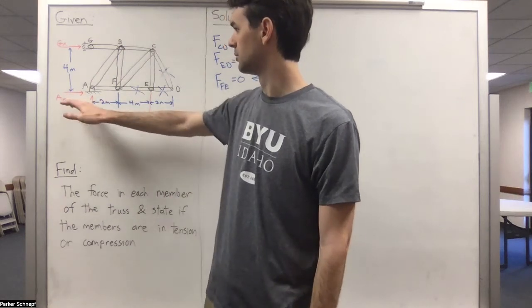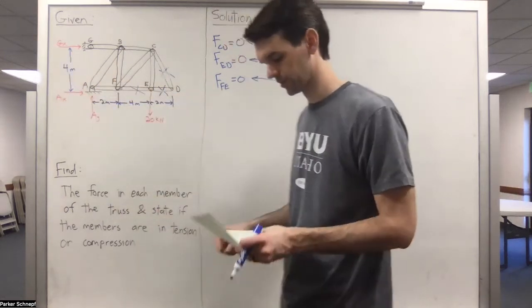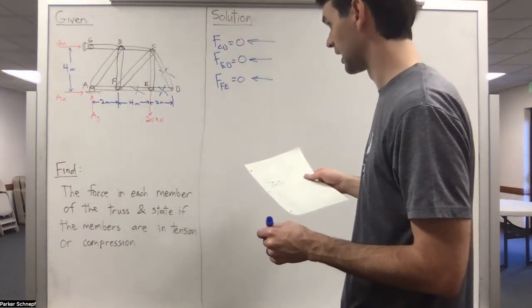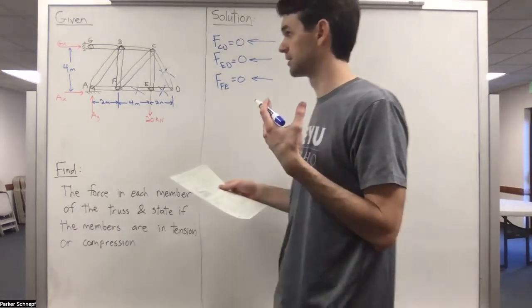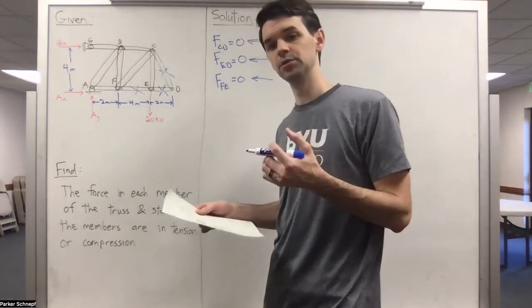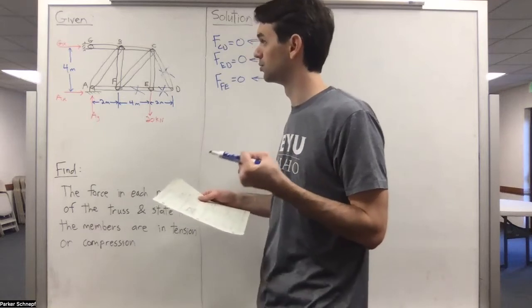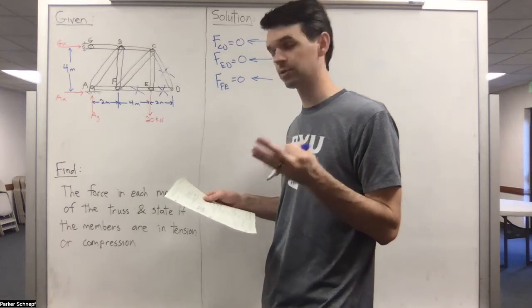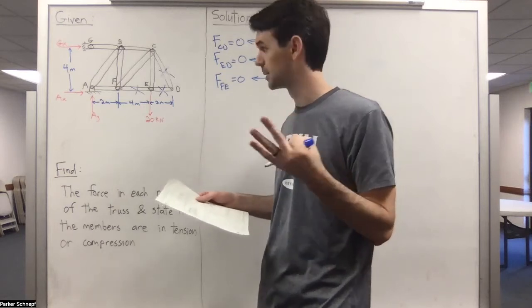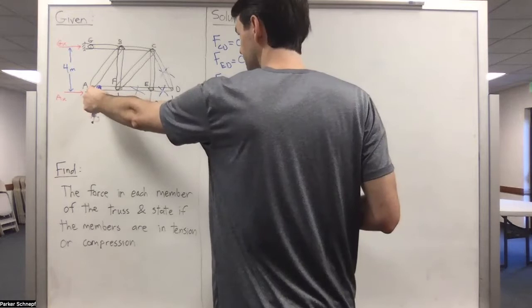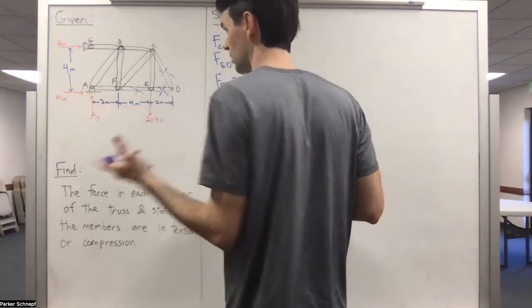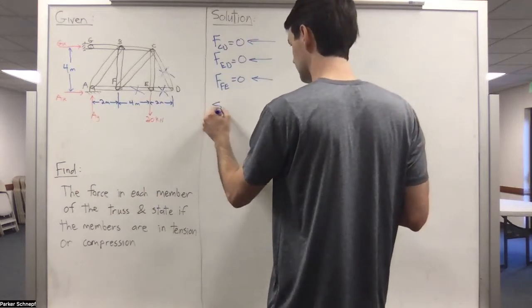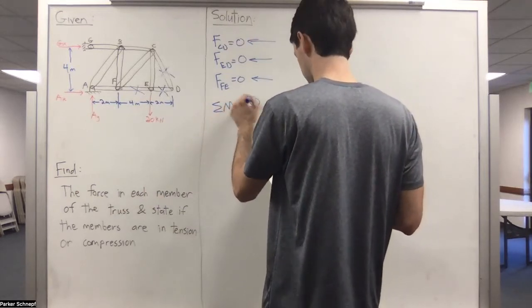So, all right, we want to solve for our reaction forces. I'm going to use whatever is the most convenient. We have three unknowns, and we have three equations: forces in x, y, and the sum of the moments. If I do the sum of the moments about A, then A_X and A_Y are not going to be part of that equation. So let's do that. Sum of the moments about A equals 0.